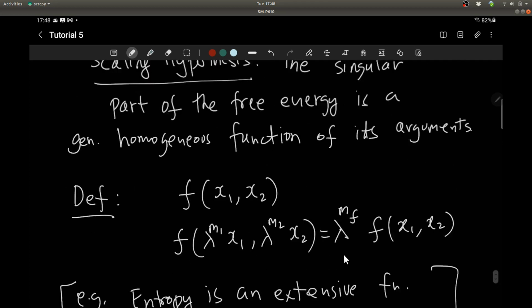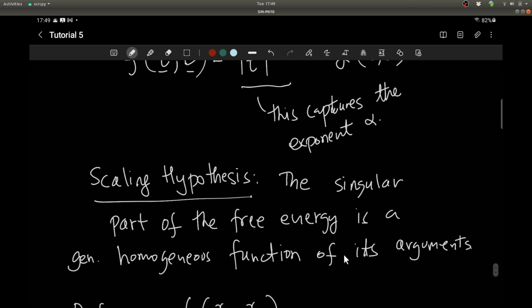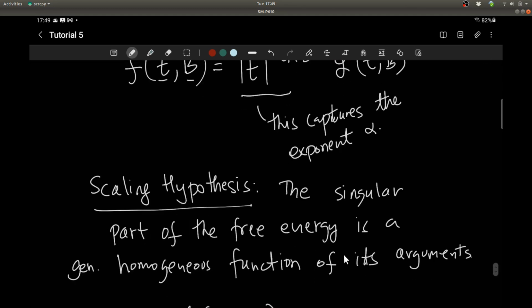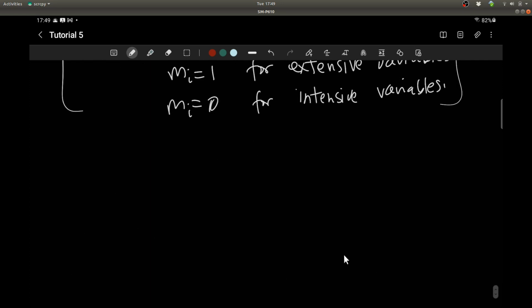Okay, so here these are like this t and b. So there is some scaling and f has some degree. Let's not worry about that. We will fix all those things in a moment. But what it says here is that there is some homogeneity condition.